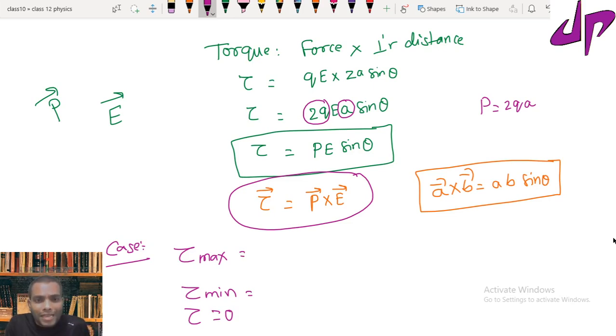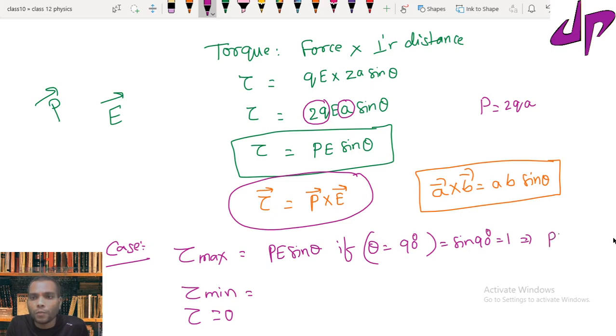So the maximum case, if you see sin theta, when theta is 90 degrees, tau max equal to P sin theta; if theta equal to 90 degrees, sin 90 value goes to 1, that implies sin 90 equal to 1. So that implies tau equal to P.